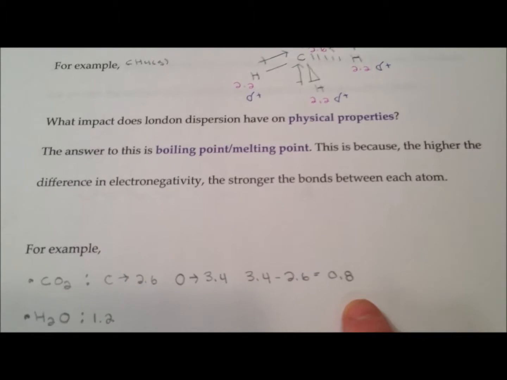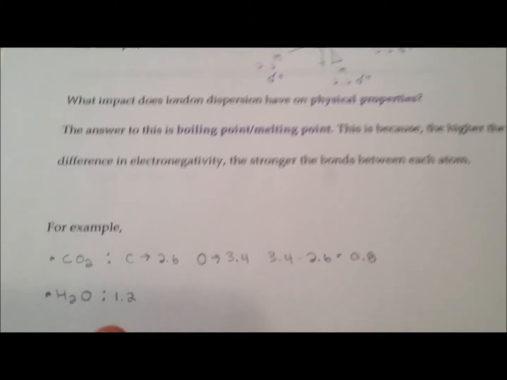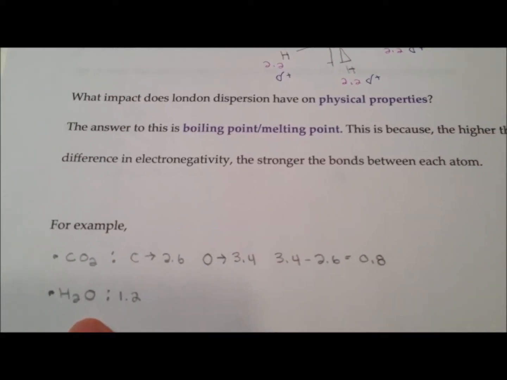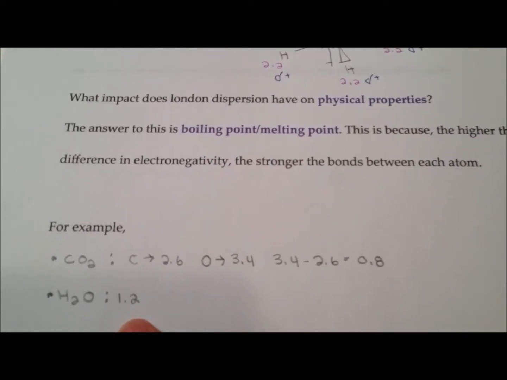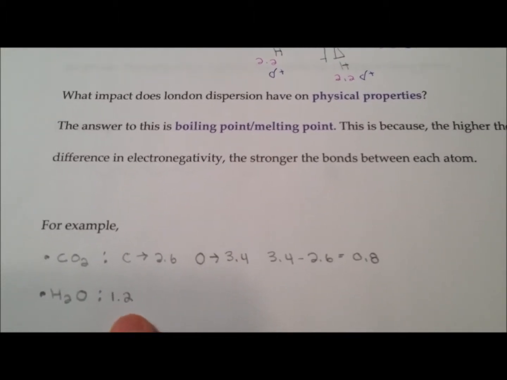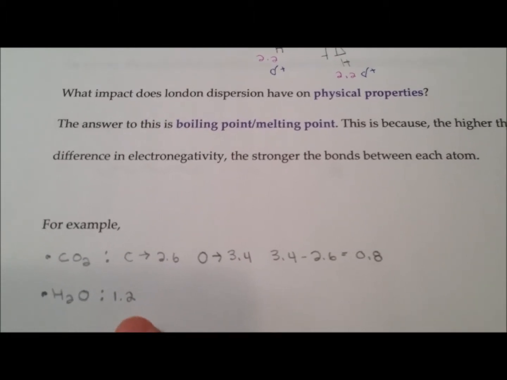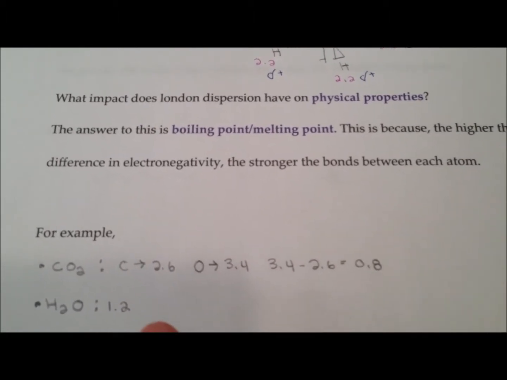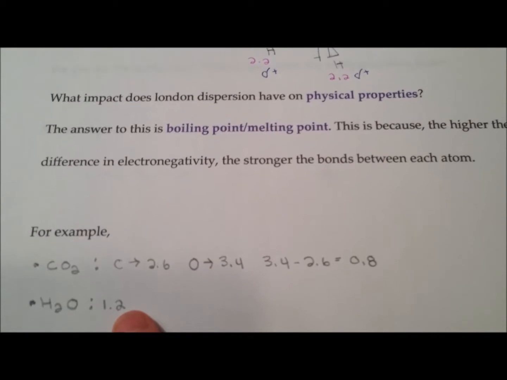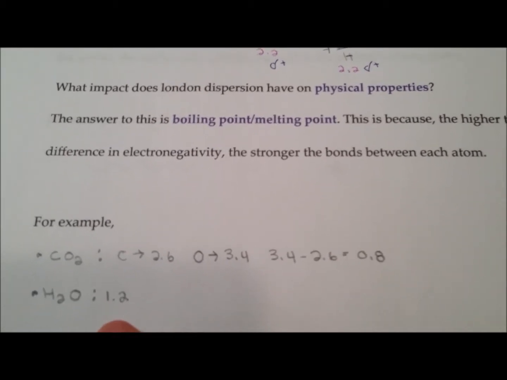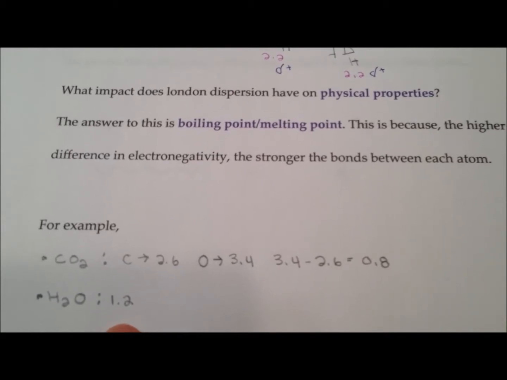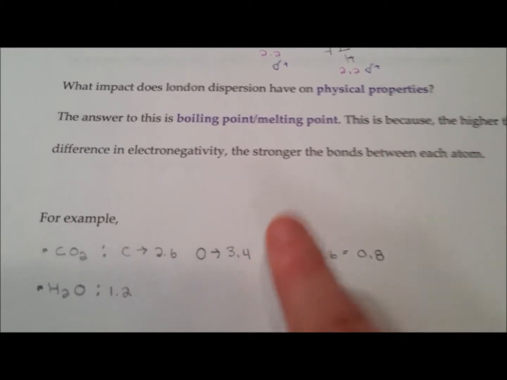So that's their difference in electronegativity. You do the same thing with water, and you find that hydrogen and oxygen's difference in electronegativity is 1.2. Therefore, water has stronger bonds and is harder to break apart. So, water has a higher boiling point than carbon dioxide.